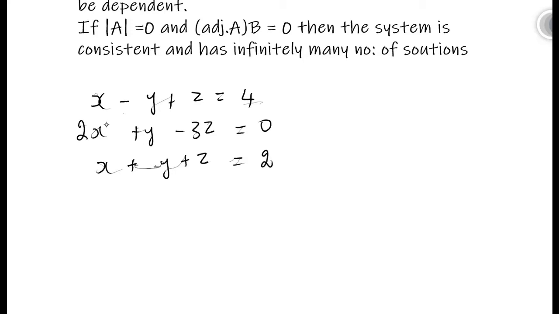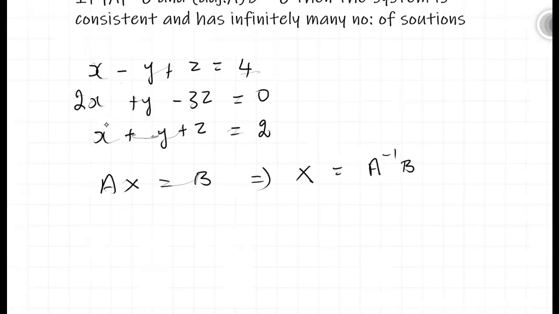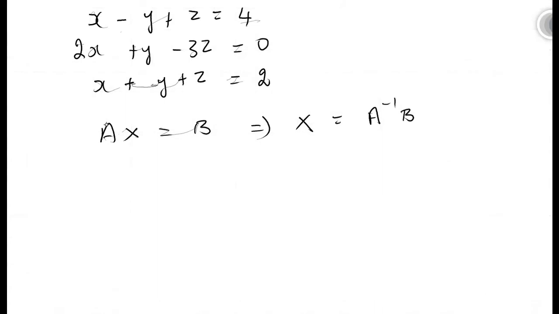Solve for x, y and z by the matrix inversion method. Now this can be written as AX is equal to B, which implies X is equal to A inverse times B. Now let us rewrite this equation in matrix form.